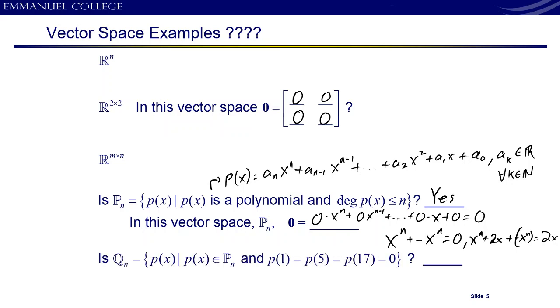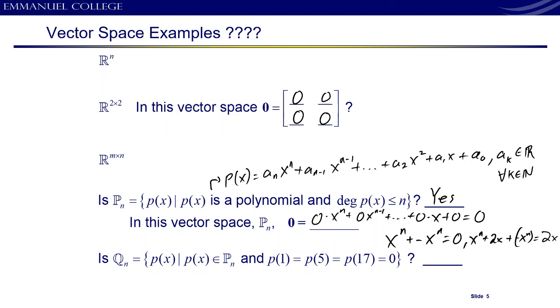Now this one's a really weirdly specific one. So p of x is a polynomial in Pn, and P(1) is equal to P(5), which is equal to P(17), which equals 0.